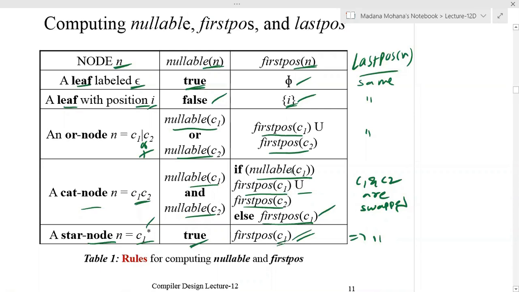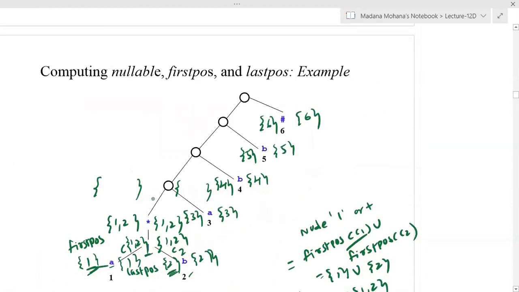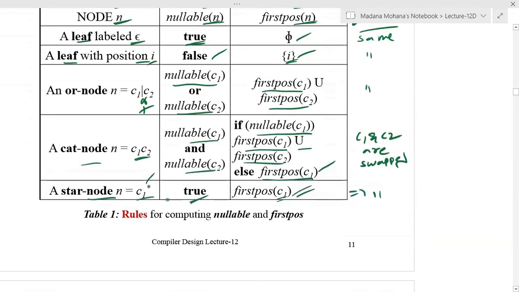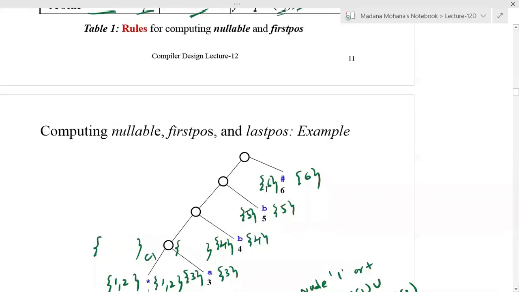If C1 is not nullable, then you take only the first position of C1. Now here, for the cat node, child 1 has an asterisk. Whenever it is a star node, it contains null, so it is nullable. So here nullable of C1 is satisfied. Then you can take the first position of C1 union the first position of C2.